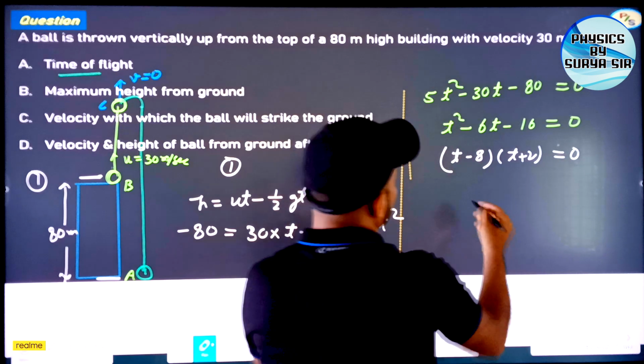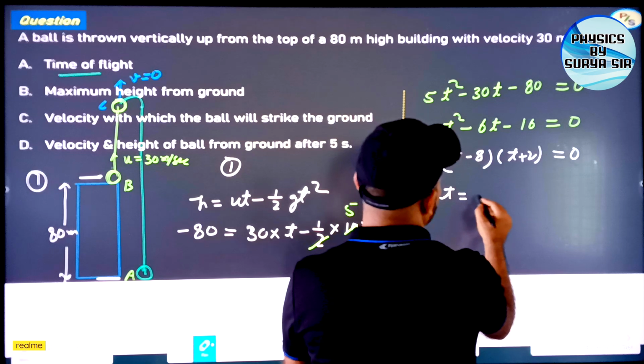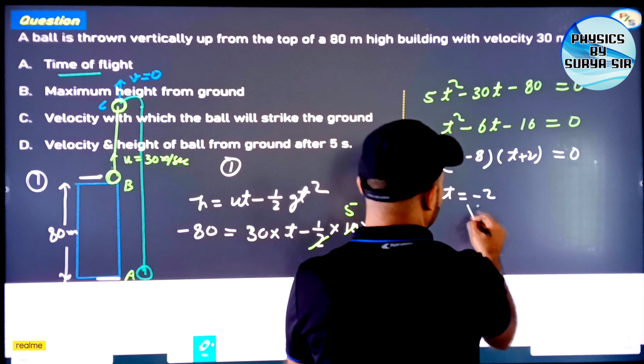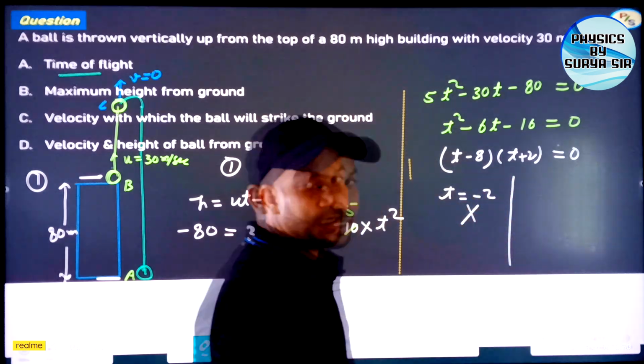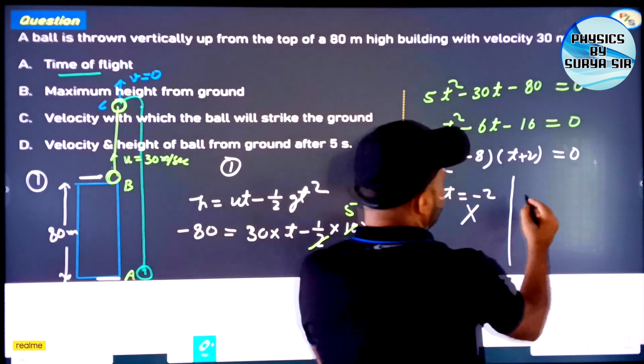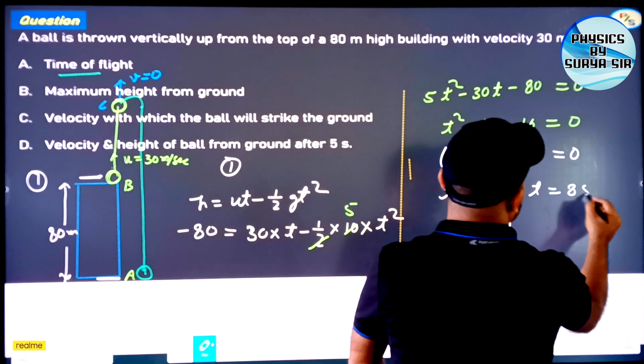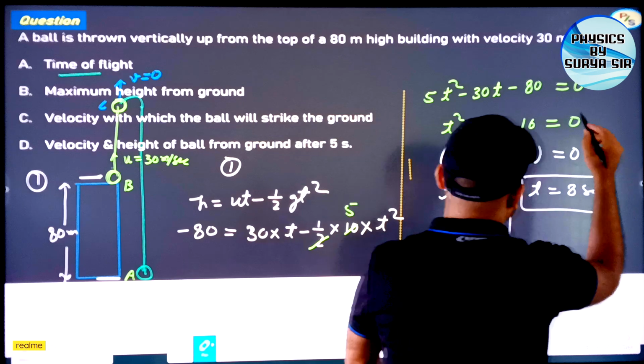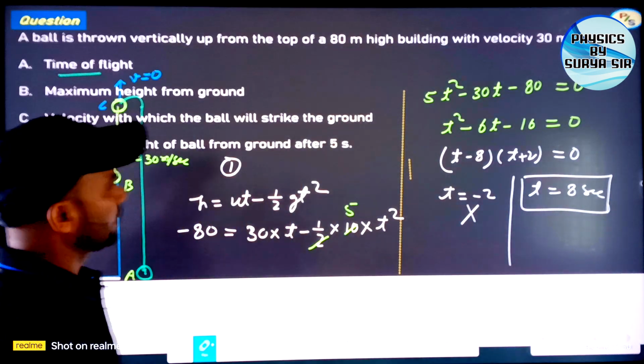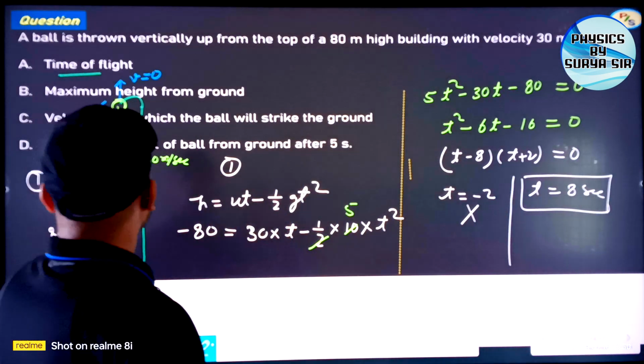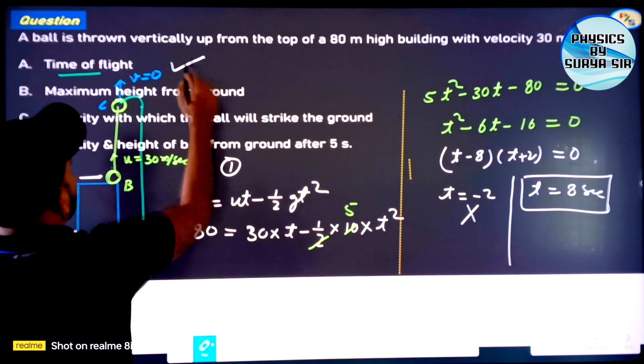So t will be minus 2, that is not used, time can never be negative. Here t will be 8 seconds. So time will be 8 seconds. So the first question has been solved.